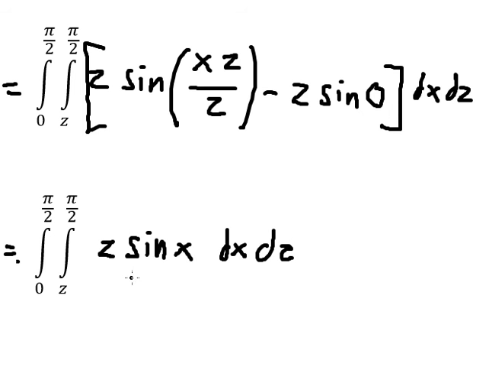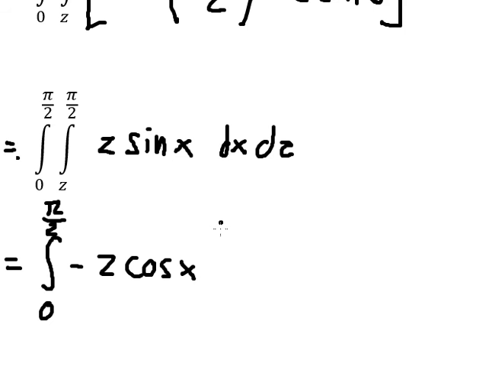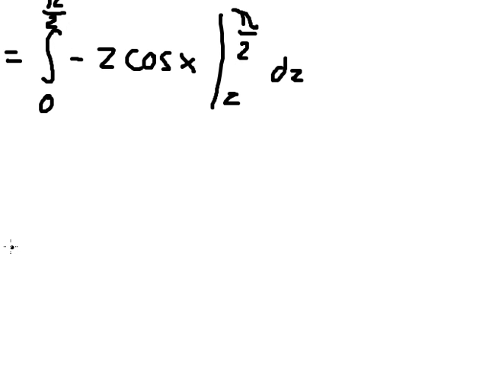The integration of sine x, we have negative cosine x. We put b over 2 in here, 0 in here.